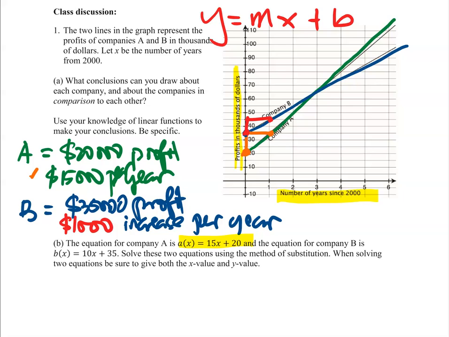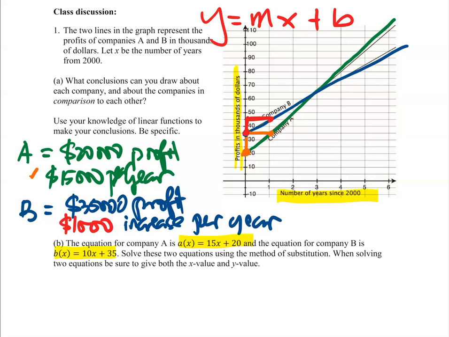And then company B is 10x plus 35, so in the year 2000, it had a profit of 35,000, and then the slope is, you go up 10,000 every year. So that's why you have this equation 10x plus 35.